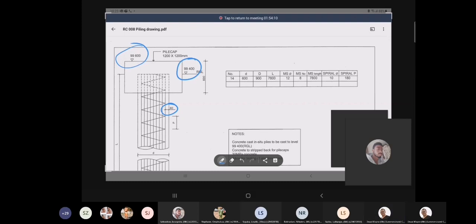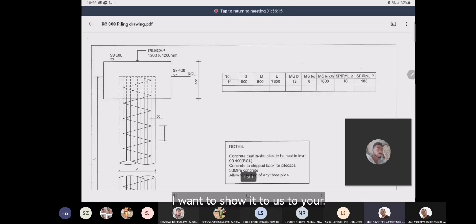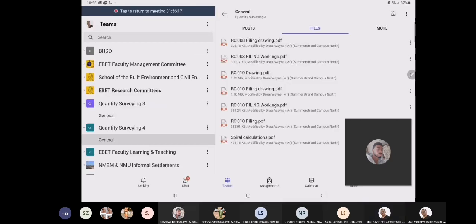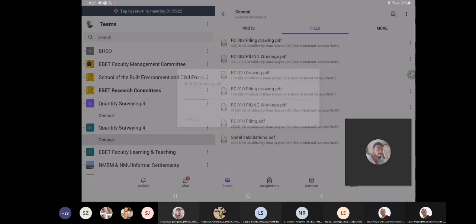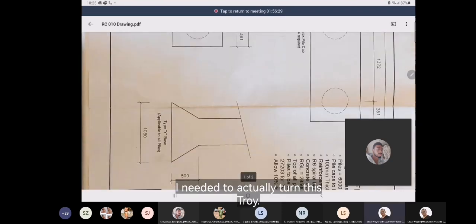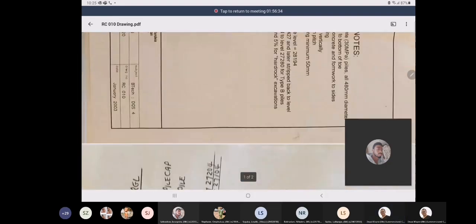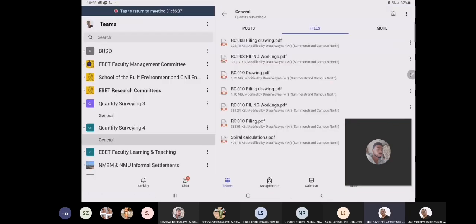Next one. I needed to actually turn this drawing sideways.